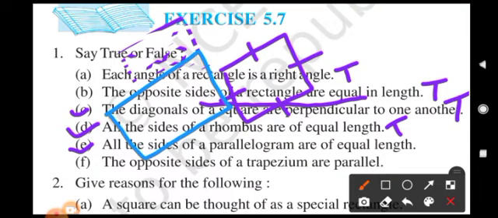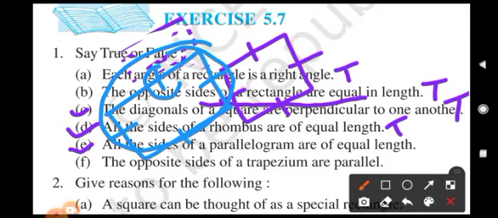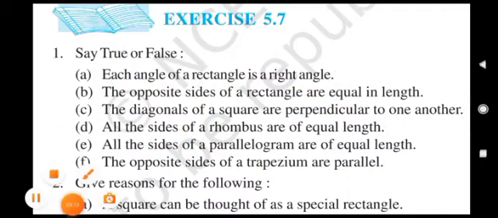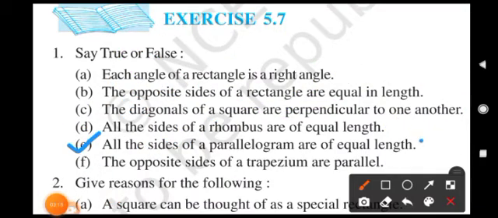Opposite sides are parallel and equal, isn't it? This line and this line are parallel and equal, and these lines are also parallel and equal. But all sides cannot always be equal, isn't it? Because this side and this side are not equal. So question number E will be false.